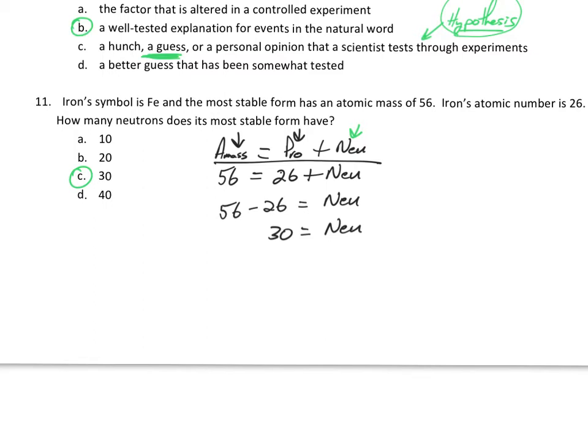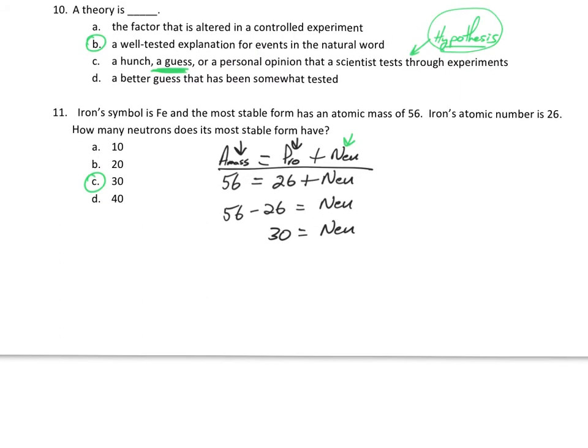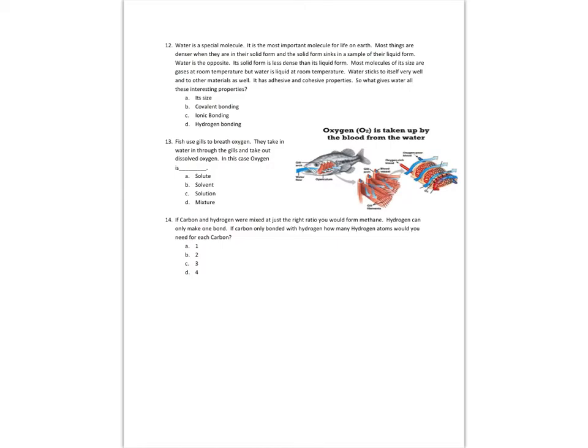You wrote 56 and 26 twice. Oh, yeah. The reason I did it twice is because I subtracted 26 from both sides. So let me do it differently. And then that's rewritten. See that, 56 minus 26. All right. Very good. Let's move on. Thank you for checking me on that.